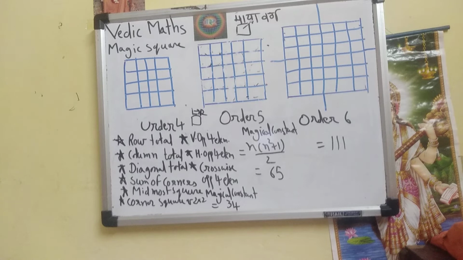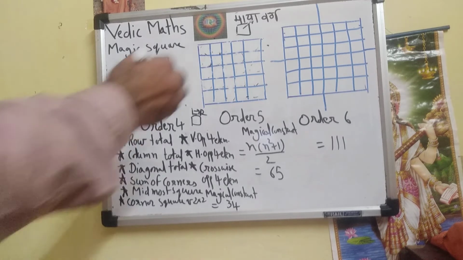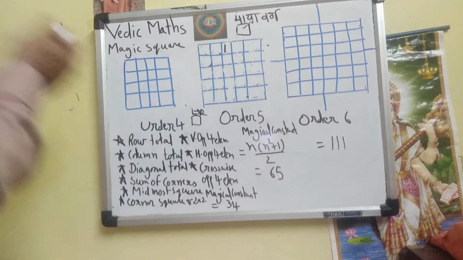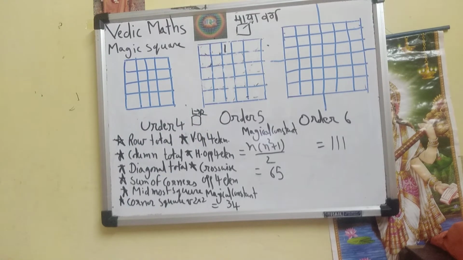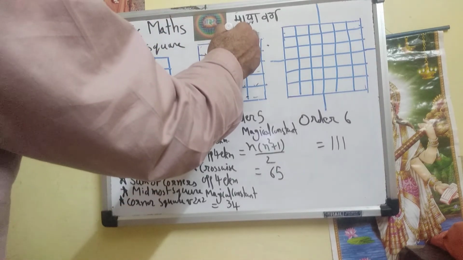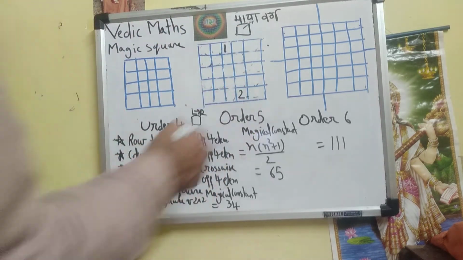The midmost cell of the first row will be filled by number 1. Then we move in the northeast direction crosswise. There is no cell, so come downwards to the last cell.